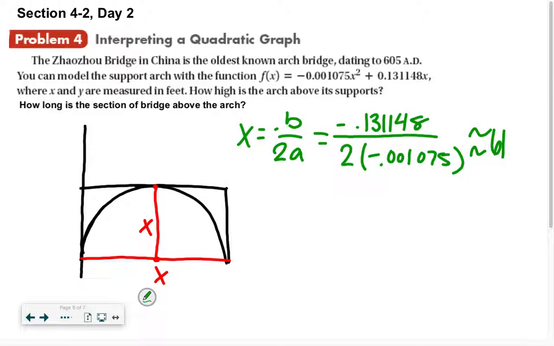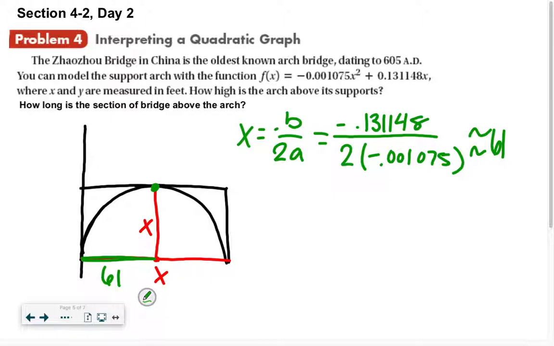That's my x of the what? Of f of x. 61. My vertex, the peak. So this peak right here, right? So my x is about 61. So isn't this distance 61? Yeah.